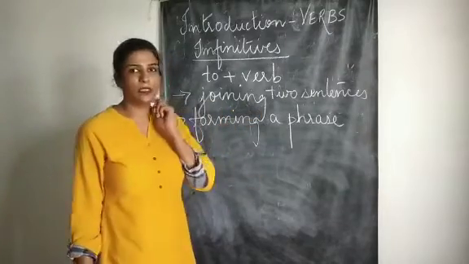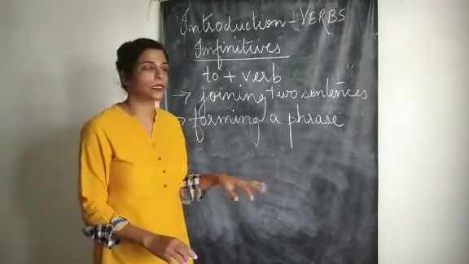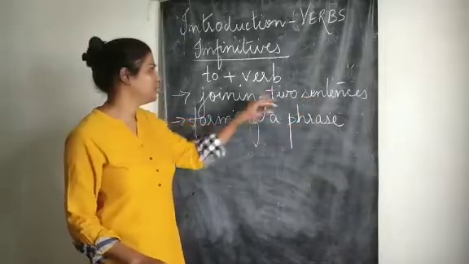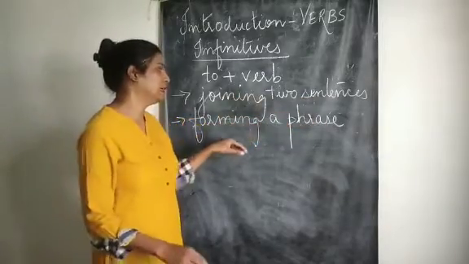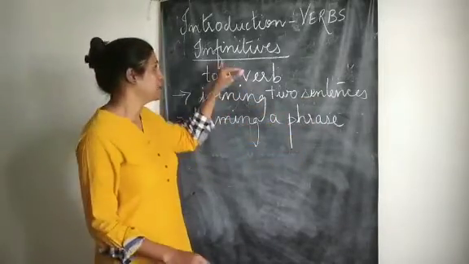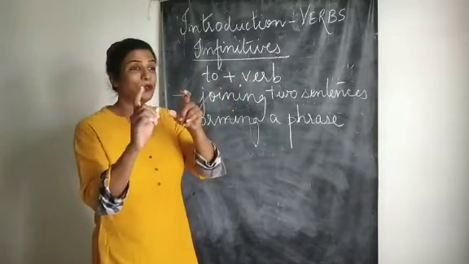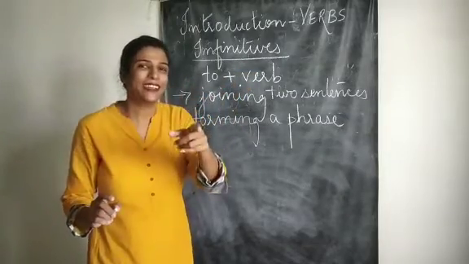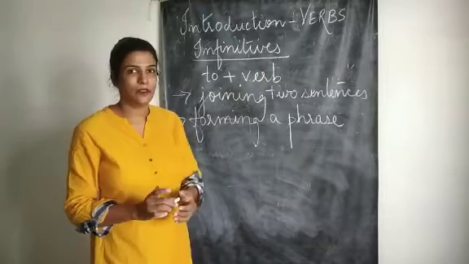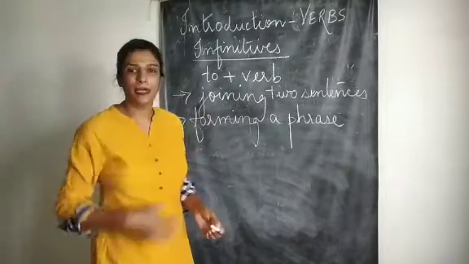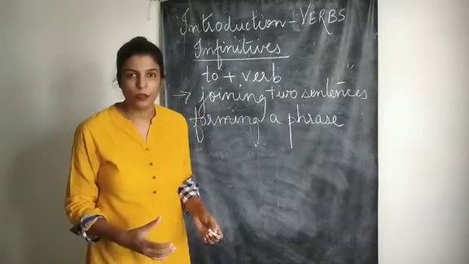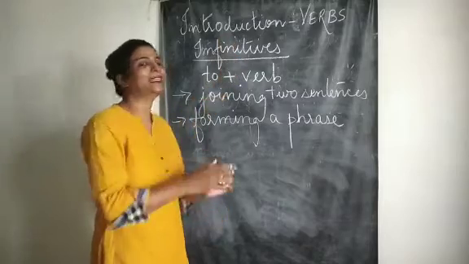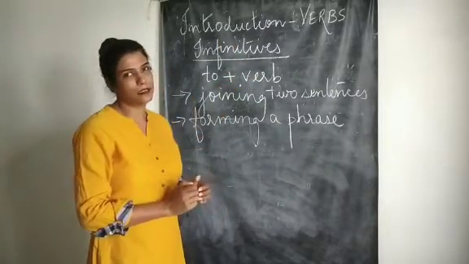This exercise is in your workbook. We'll be doing it. So this is the main purpose of an infinitive: to join two sentences and to form a phrase. Remember, please don't confuse the terms non-finite verbs and infinitives. Infinitive is a part of the non-finite verb. Okay? So non-finite verb is the main category and this is the subcategory.